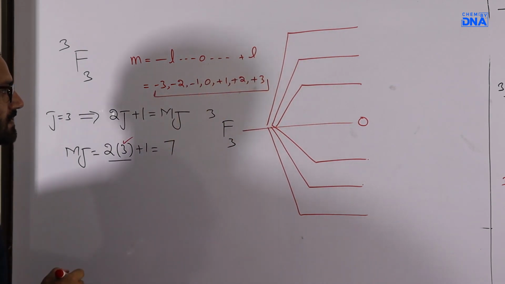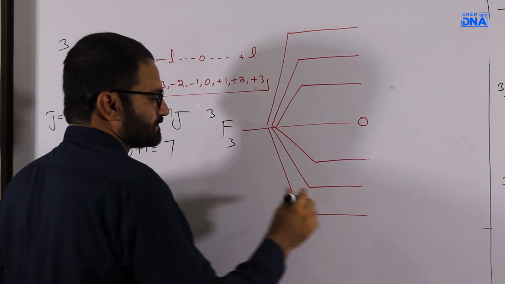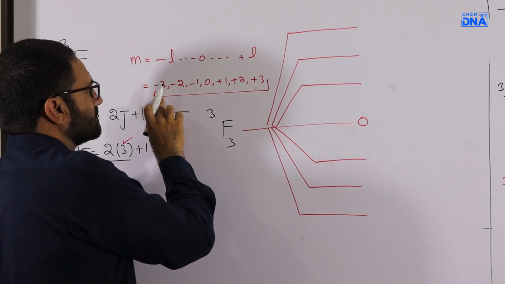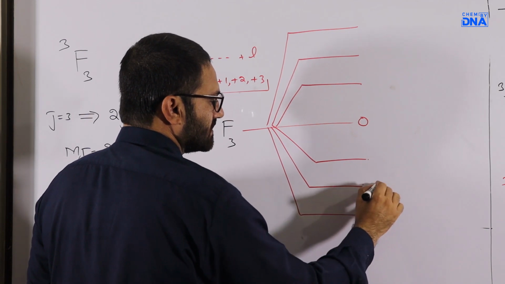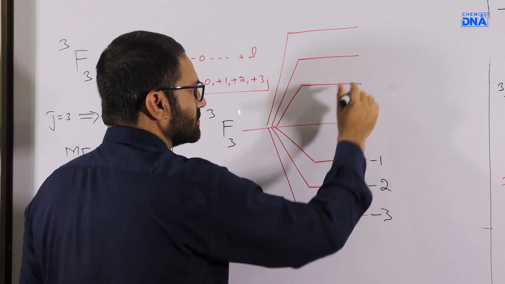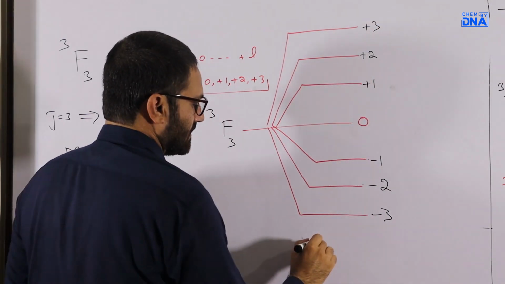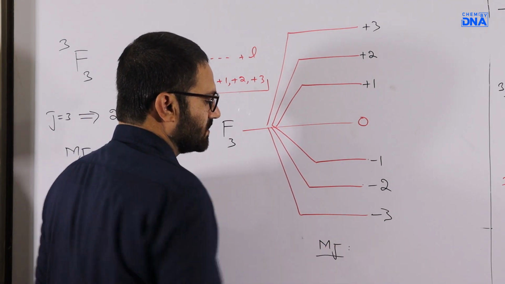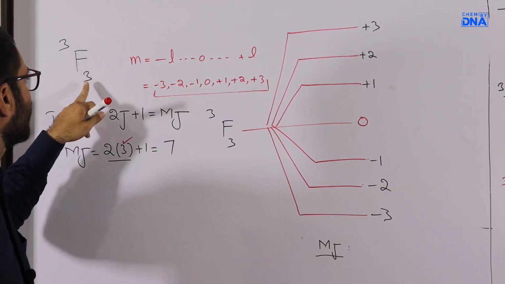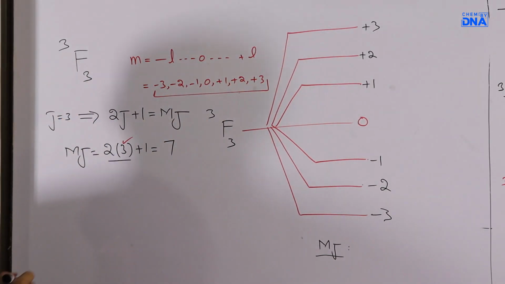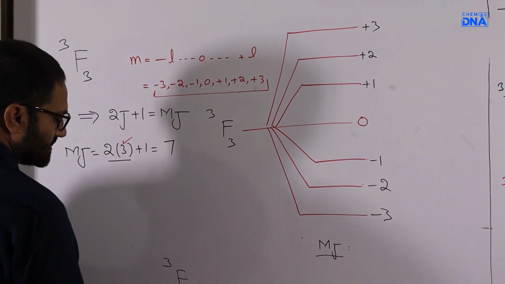And you see here total 7 magnetic values are going to be furnished. Now you will place these magnetic values over here. The lowest energy value is minus 3, then minus 2, then minus 1, 0, plus 1, plus 2, and plus 3. And these are the Mj values due to strong magnetic field in case of the second spectroscopic term, which is F triplet 3.